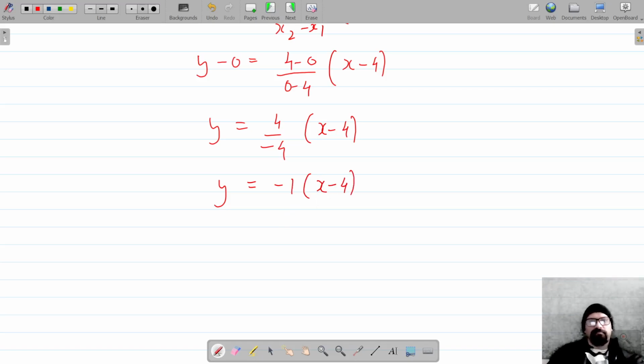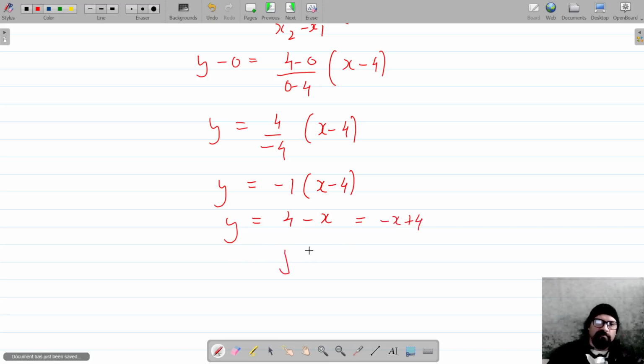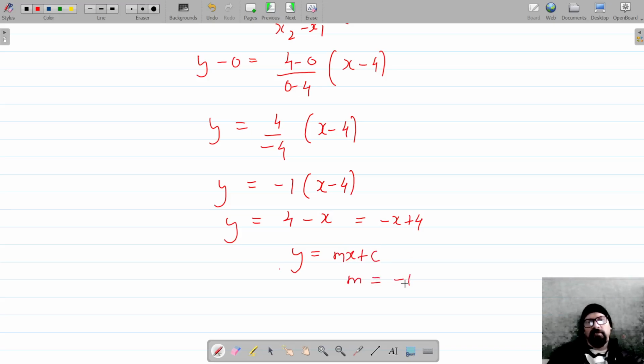Now, this line is perpendicular. So if we check this line, I can write it as 4 minus x, or minus x plus 4. If we compare this equation with the slope form y is equal to mx plus c, here its slope is negative 1.